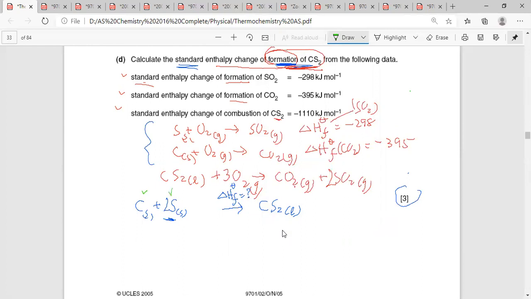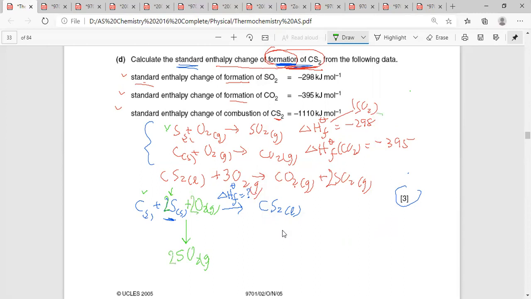Sulfur plus oxygen, O2 gas, will give you sulfur dioxide. I must comply with the 2 moles here, so it must be 2 here to give 2 here. That is the equation.